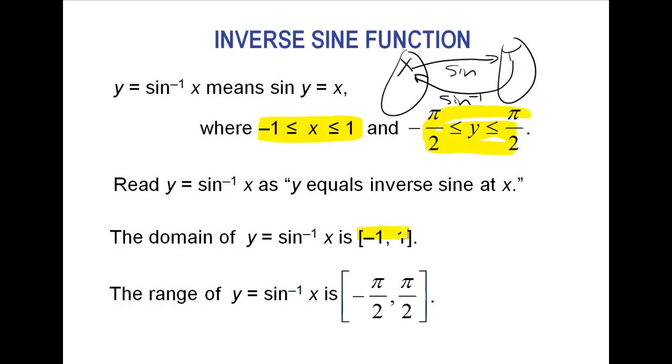Right? So domain is from minus 1 to 1, and this is our range, which is nice because now we know we can only plug numbers into the inverse of sine that are between minus 1 and 1.